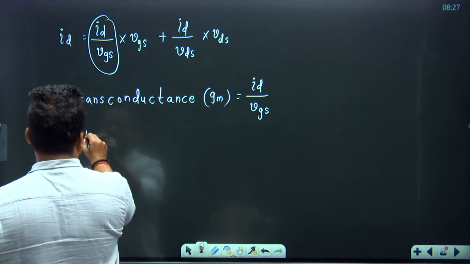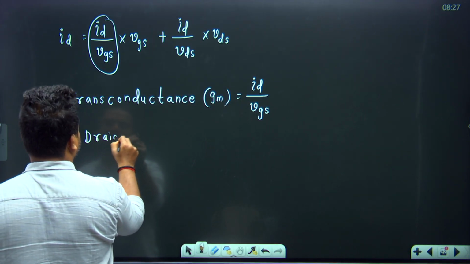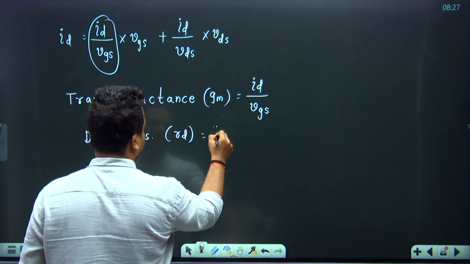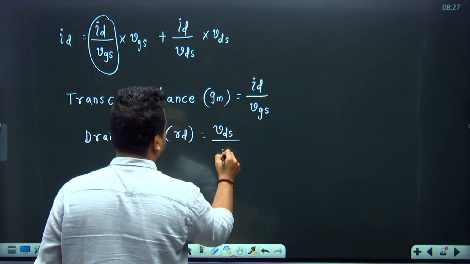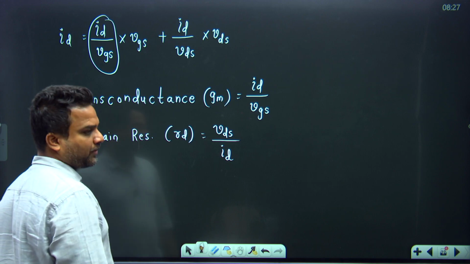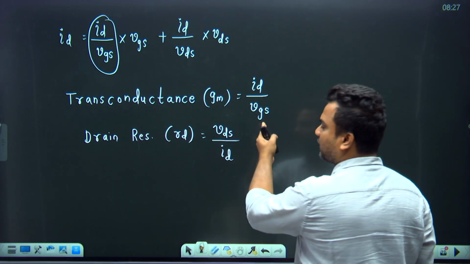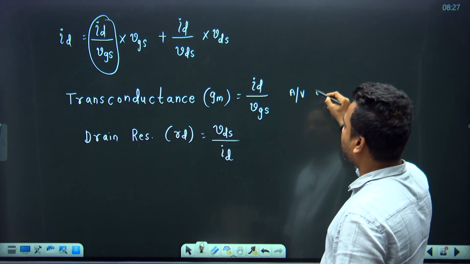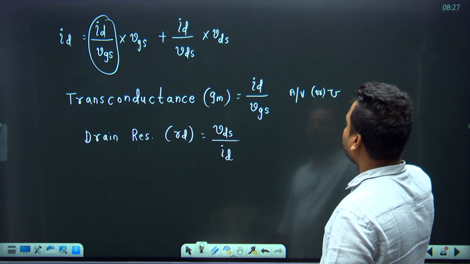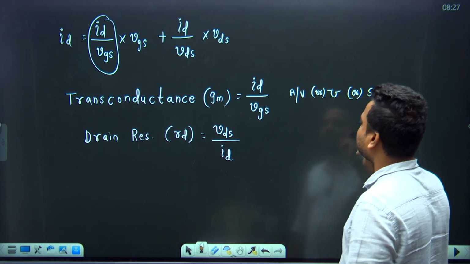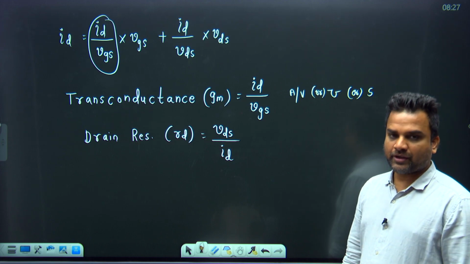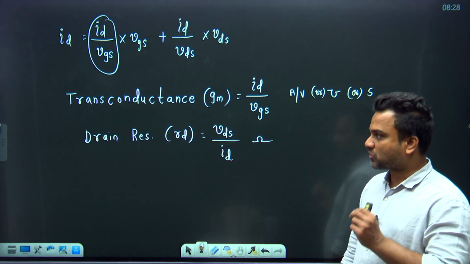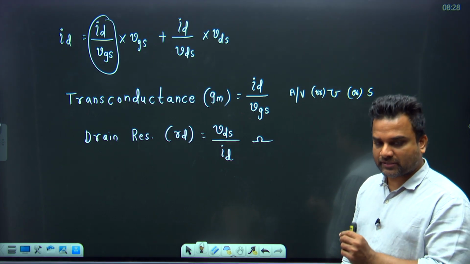Hence you can say drain resistance RD can be expressed as VDS by ID. We know the transconductance units are ampere per volt, because current by voltage, or mho or Siemens. Whereas drain resistance units are ohms. So, transconductance, drain resistance.